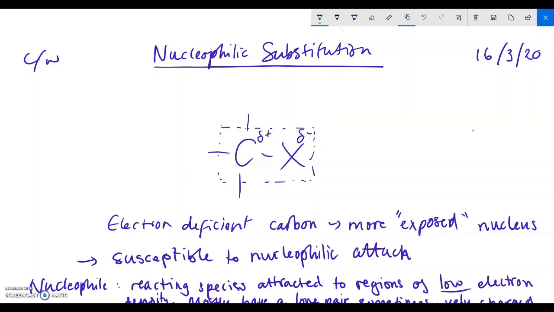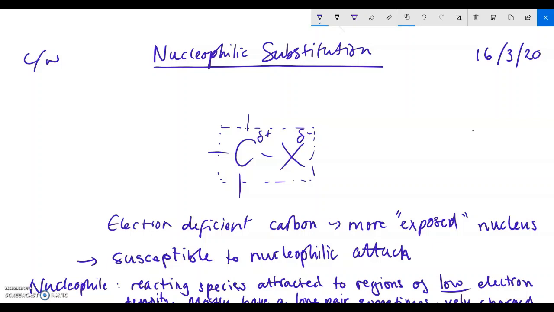Now, I say they mostly have a lone pair because in some cases things that we consider to be nucleophiles have, instead of a lone pair of electrons, some other form of available electron pair. So for example, a pair of electrons within a pi bond can allow something to act as a nucleophile because they can be transferred relatively easily.